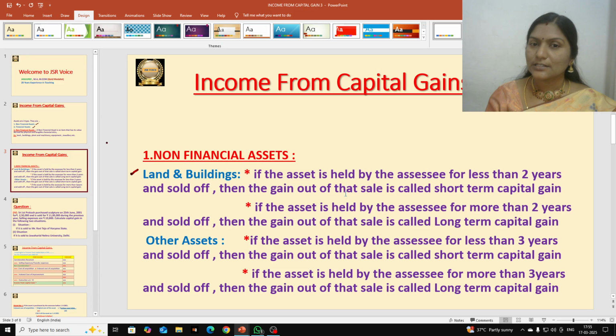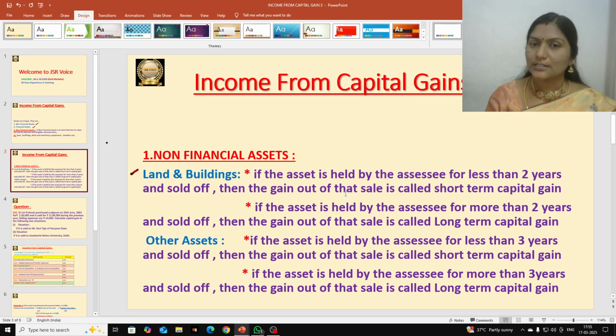If the asset is held for more than 2 years, we call that capital gain long term capital gain. Here he has been holding and using that asset for more than 2 years, and later he sells it. Whatever gain he gets out of that sale is treated as long term capital gain. So a 2 year period applies in the case of land and buildings.